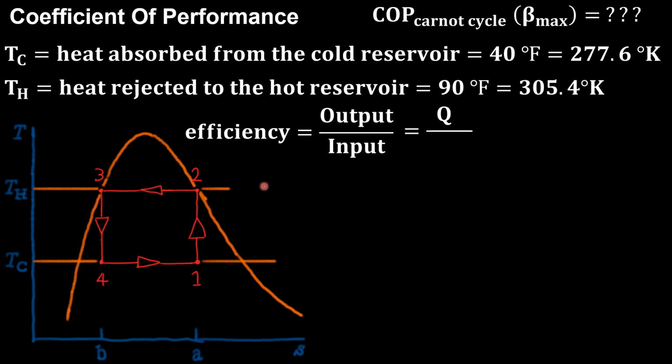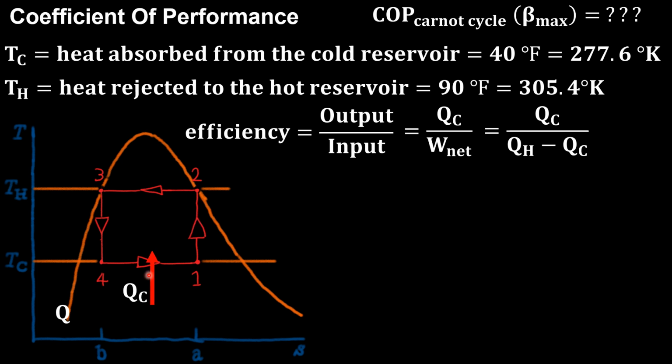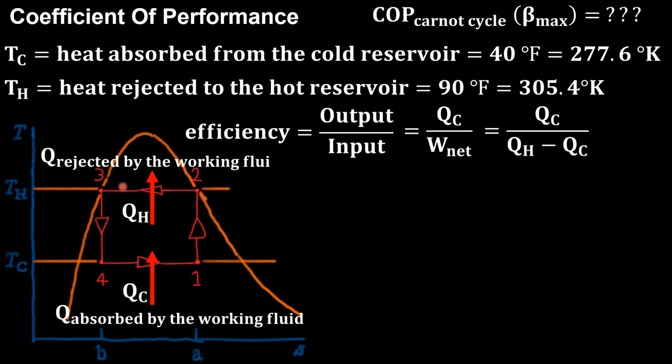So we can say the net work can be found by the difference of Q sub H minus Q sub C. Remember, Q sub C is the heat absorbed by the working fluid, and Q sub H is the heat rejected by the working fluid.